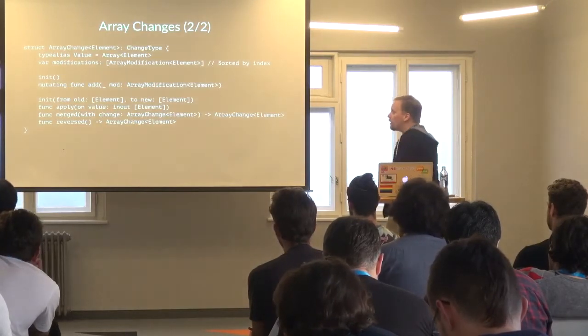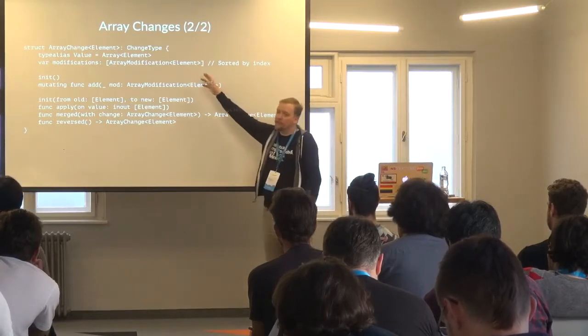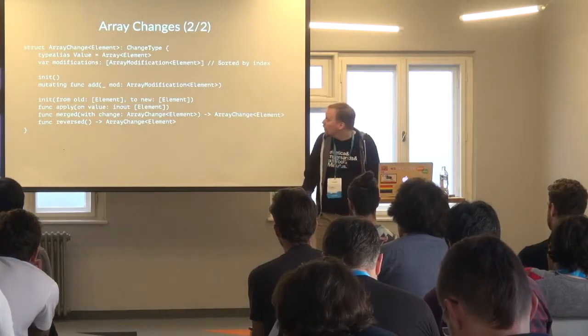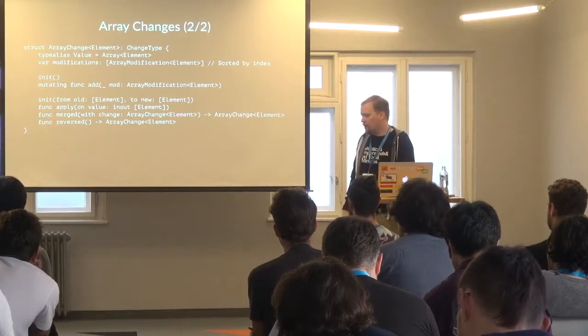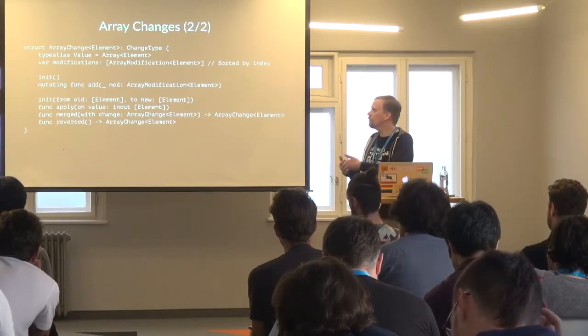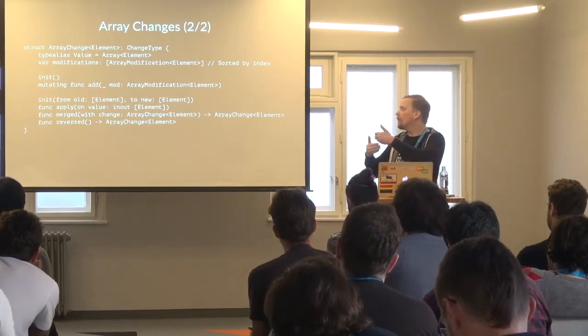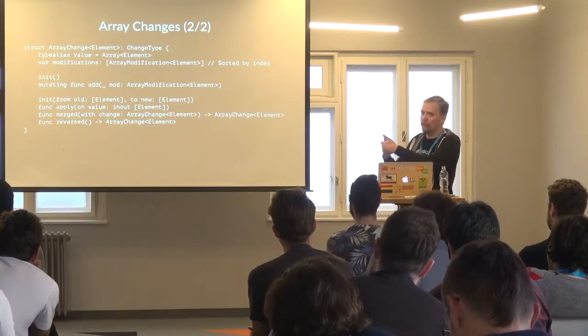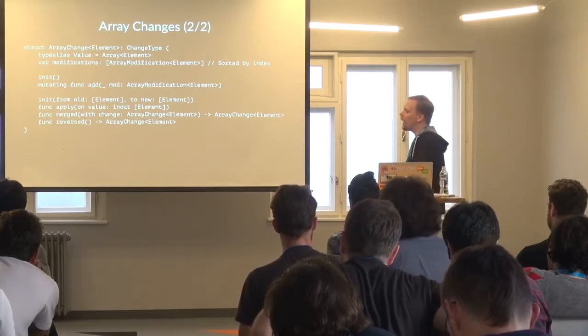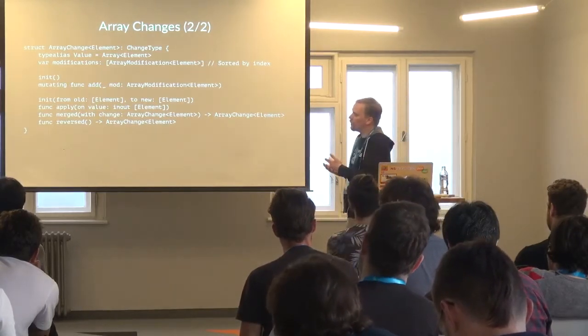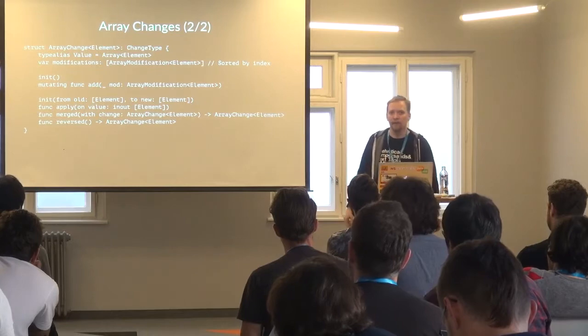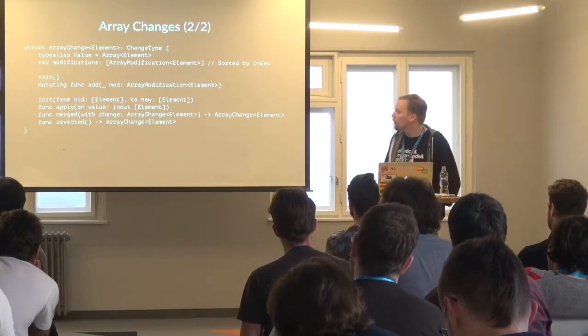In order to do that, you just have to take an array of these. If you order them by index, and if you manage this in such a way that there is no overlap between successive array modifications, then you have a nice formal description of what you mean by describing an incremental change in an array.